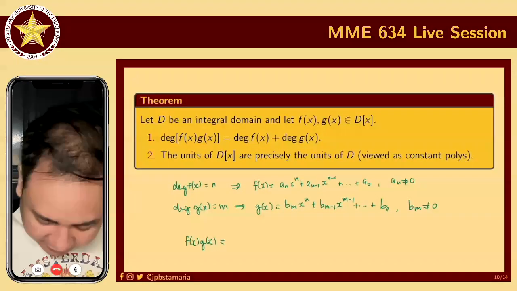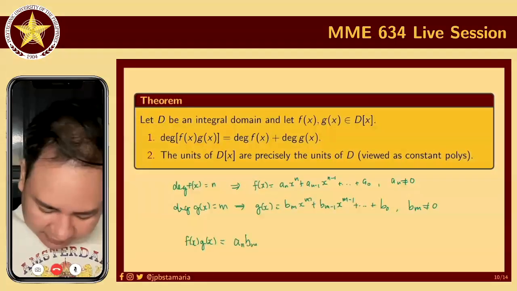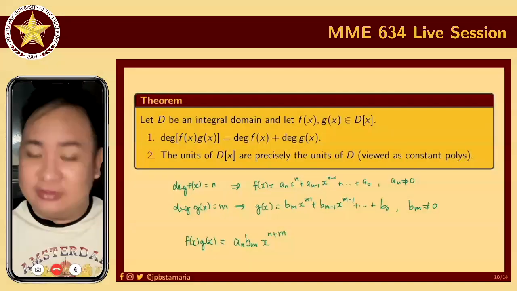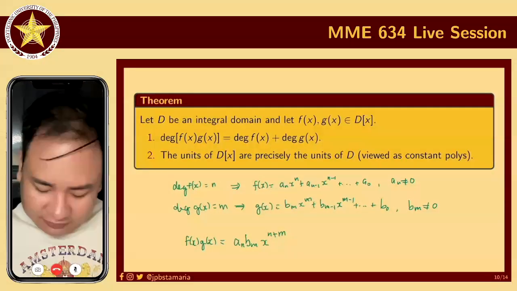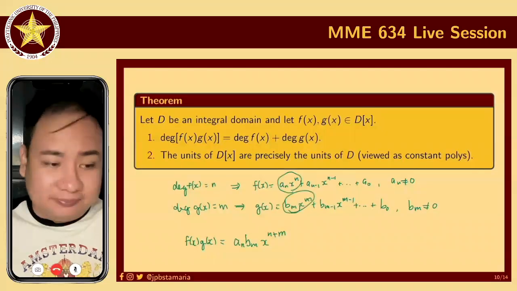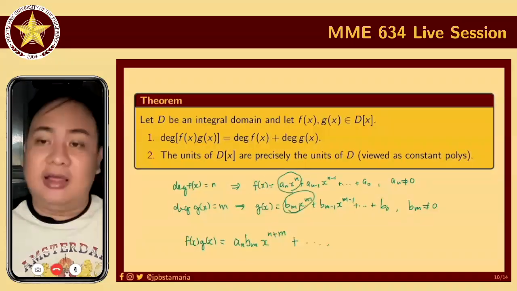Ano yung pinakamataas na degree? Diba ito? Ang first term na ito, an bm x raised to n plus m. Ito yung pinakamataas. Yung mga leading terms gets multiplied to get the leading term of the product, plus blah blah blah. Wala ka nang pakialam sa susunod.